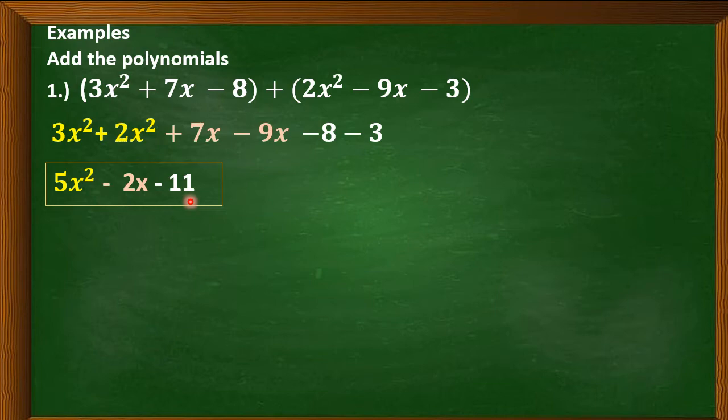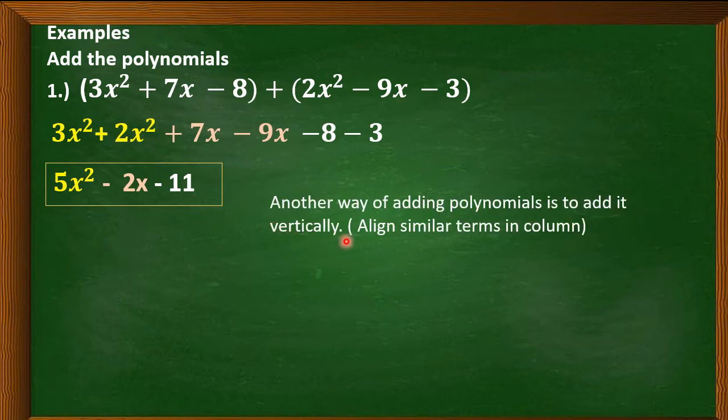We can also add this polynomial in another way. We're going to add it vertically. We have to align similar terms in column. Again, do not forget that the polynomial should be in standard form first. But if you have observed, the given polynomials in number 1 is already in standard form.